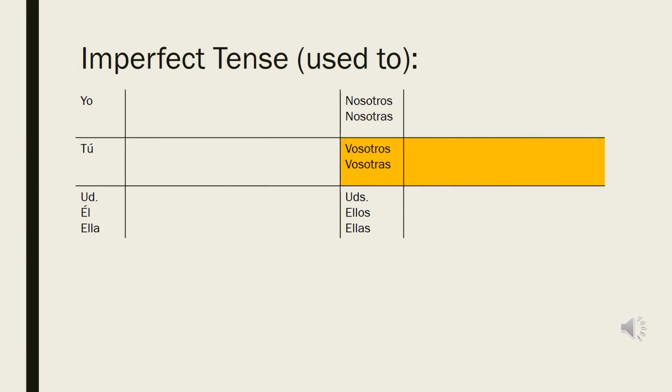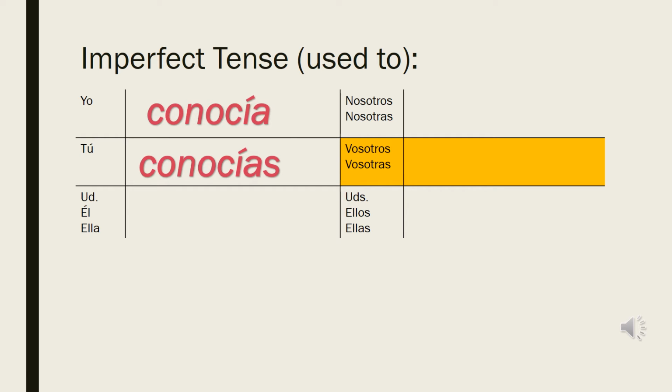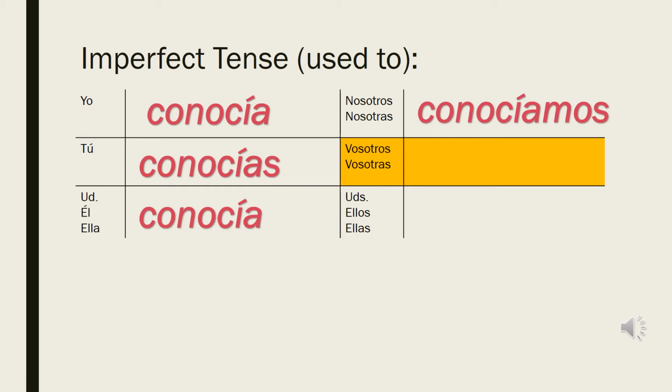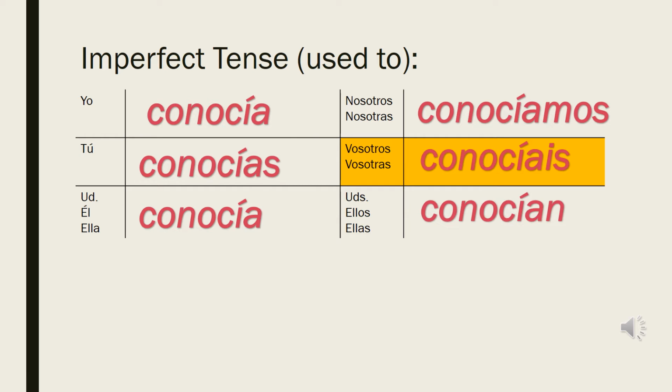The imperfect tense of conocer is how we would say, I used to know someone. So if you were talking about maybe one of your childhood friends that you are not in touch with anymore. So the yo form is conocía, tú conocías, usted, él, ella conocía, nosotros conocíamos, vosotros conocíais, ustedes, ellos, ellas conocían.